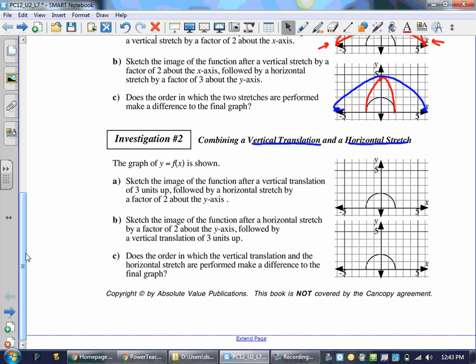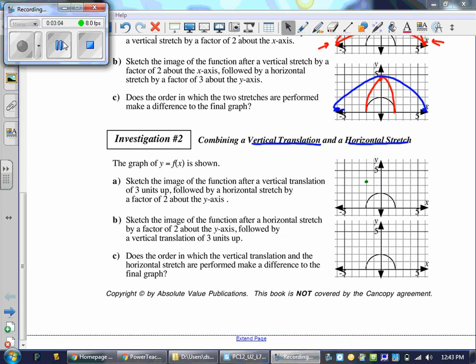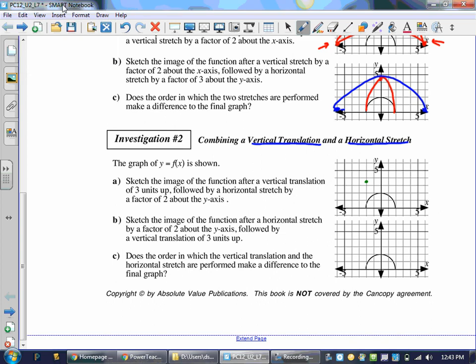So we're going to take this and move the whole thing up 3 units: 1, 2, 3. So we get this little green circle. That's a vertical translation.